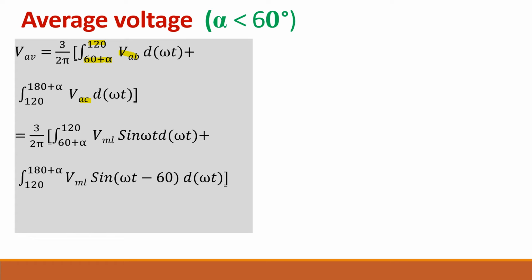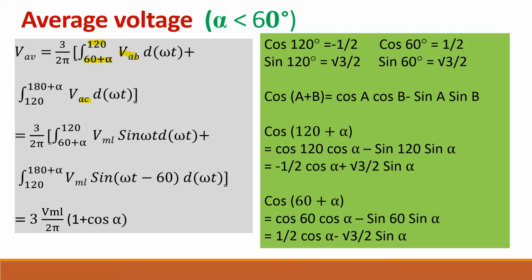So the term is sin omega t minus 60 degree. It may be a lengthy process to solve this equation, but it is very easy. I have given all the necessary formulas here. If you solve this one, you will get this as the output.